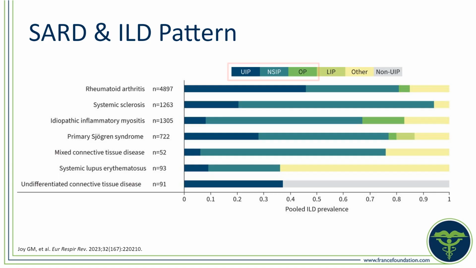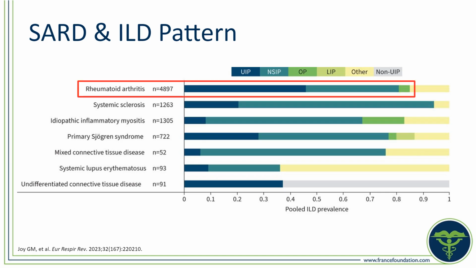I'm going to point out the three most common patterns that we just looked at in the prior slide: UIP in dark blue, NSIP in this turquoise color, and organizing pneumonia in this lighter green. In rheumatoid arthritis, which is at the top of this figure, the most common pattern is UIP, approximately 50% of cases of RA interstitial lung disease, with NSIP being the next most common.